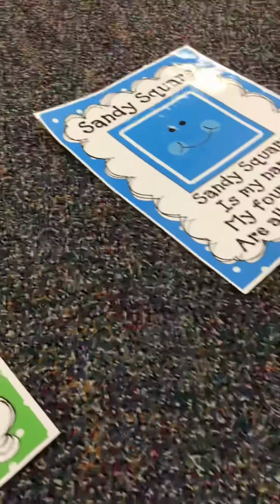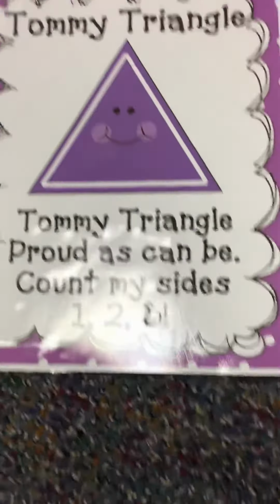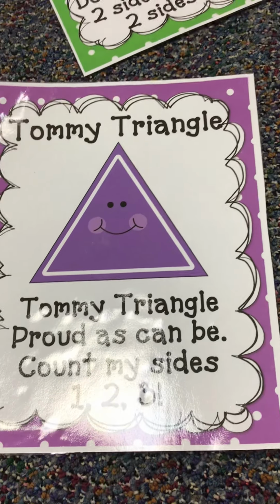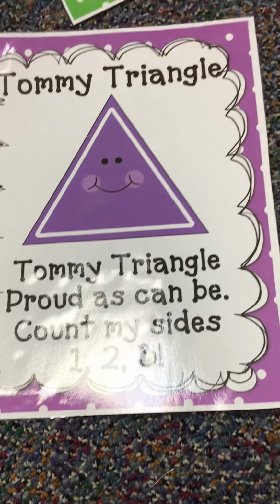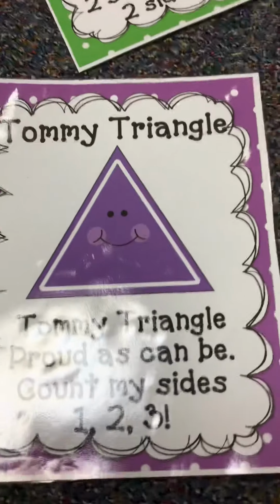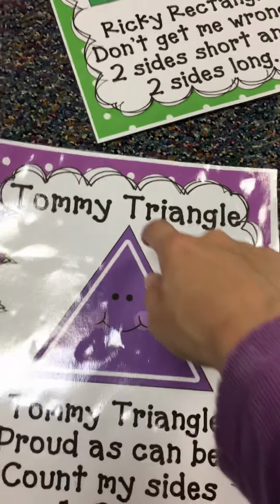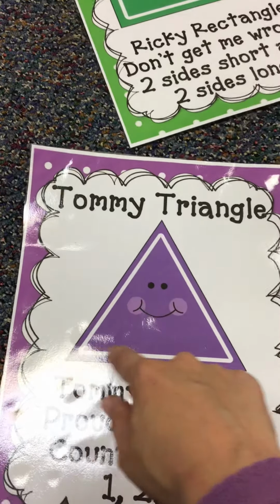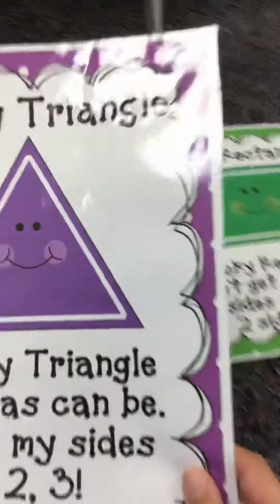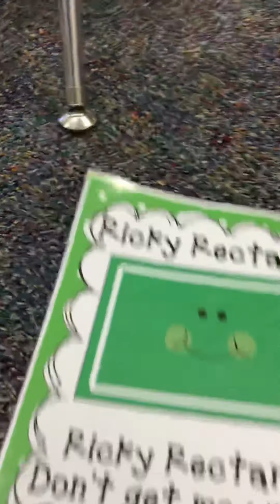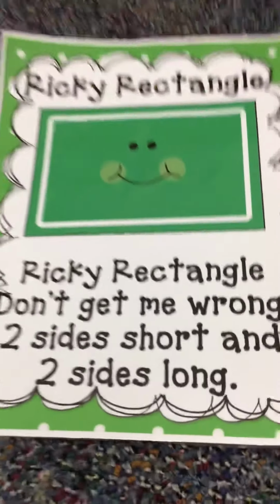Then this is our review from last week also. We have Tommy Triangle. Tommy Triangle, proud as can be. Count my sides, 1, 2, 3. We have 1, 2, and 3. Then this is a review from last week, Ricky Rectangle.